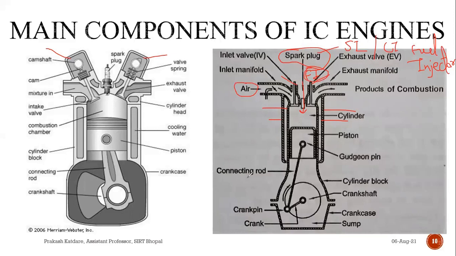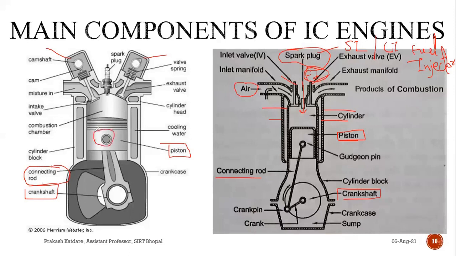Then comes the connecting rod. It interconnects our piston and crankshaft. Here you can see, this is our crankshaft, this is the piston, and this rod is known as our connecting rod. The two ends which are connected to the piston and crankshaft are known as the small end and big end.